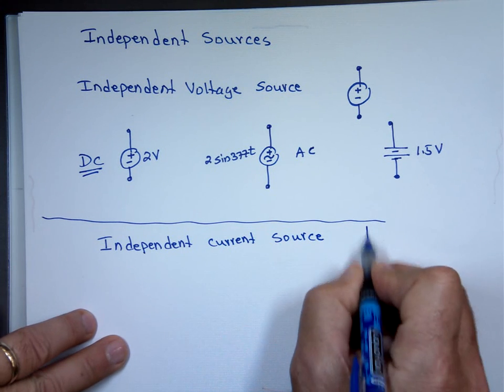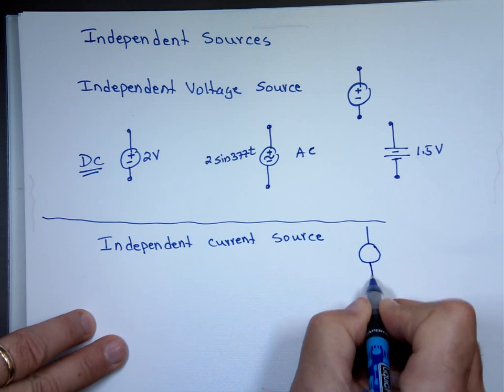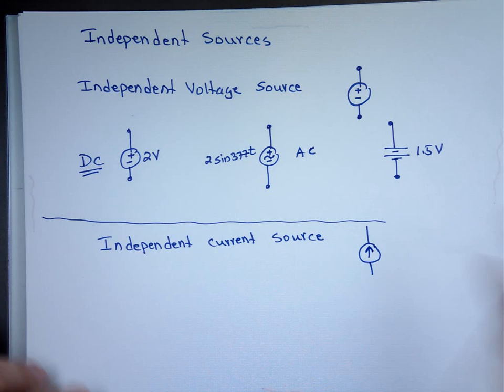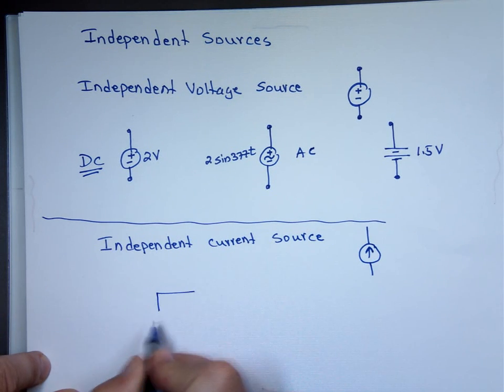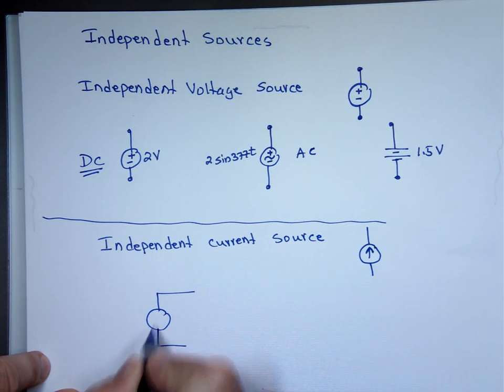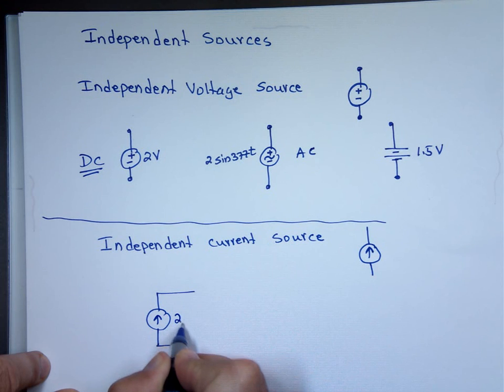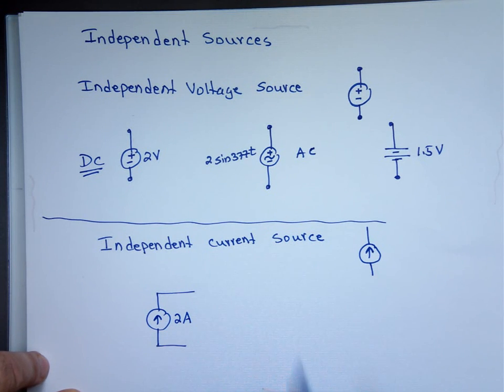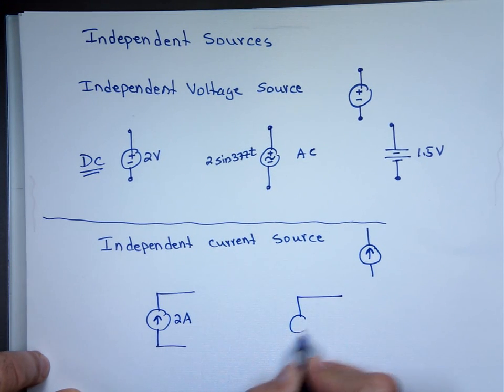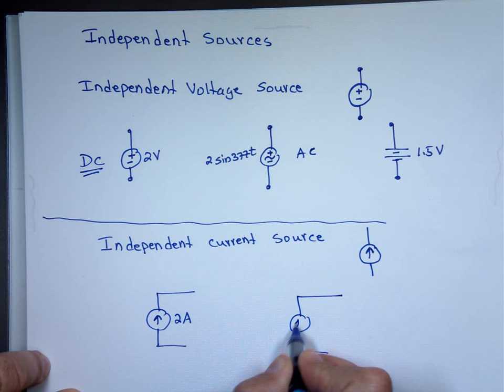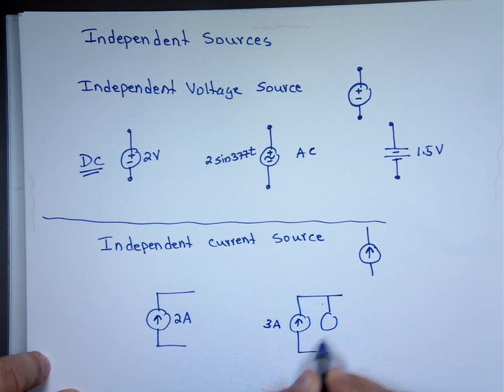An independent current source, again, independent always going to have a circle and an arrow either going up or down. It might say like 2 amps, 3 amps. So you might see me draw a circle like this and we have a current going up of 2 amps. You might see me design a circuit that has 3 amps going up and maybe another source of 2 amps coming down.